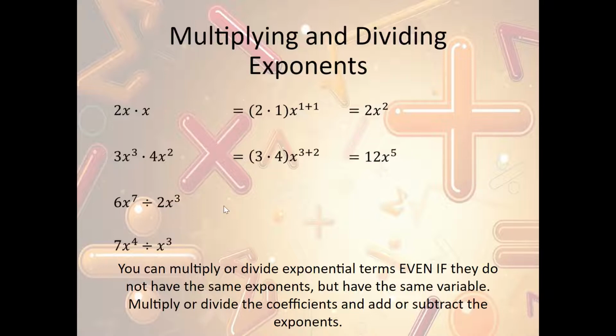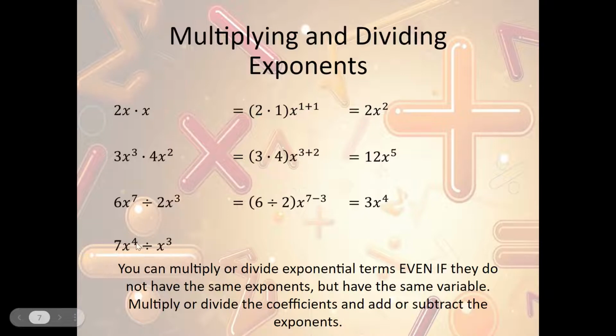Now division is just the opposite, so we're going to divide the coefficients and subtract the exponents. So we get 6x to the seventh divided by 2x to the third. We're going to divide the coefficients, so 6 divided by 2, and then subtract the exponents, so it's x to the 7 minus 3 power. So 6 divided by 2 is 3, and 7 minus 3 is 4, so we get 3x to the fourth.